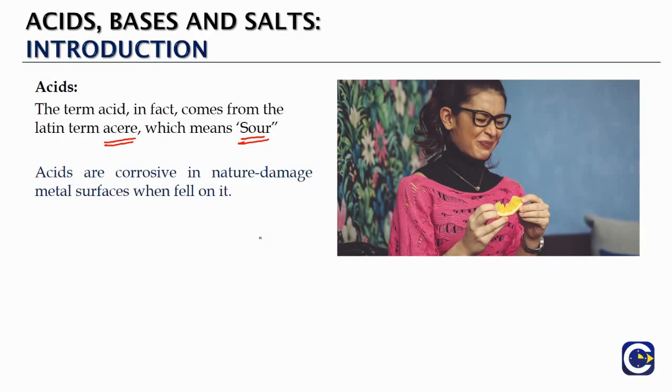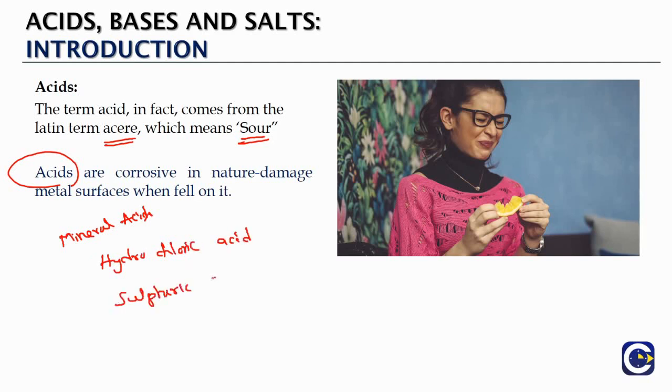The other important property of acids is that there is a class of acids we call mineral acids. The common acids like hydrochloric acid, sulfuric acid, nitric acid. We can even write down the formulas of these acids.